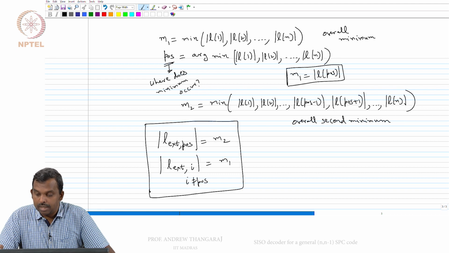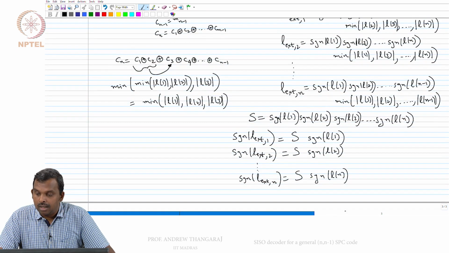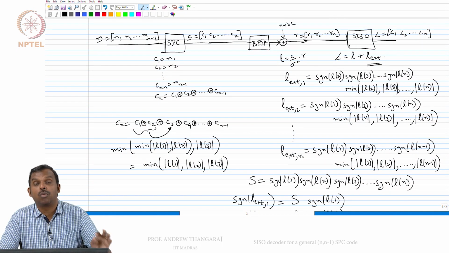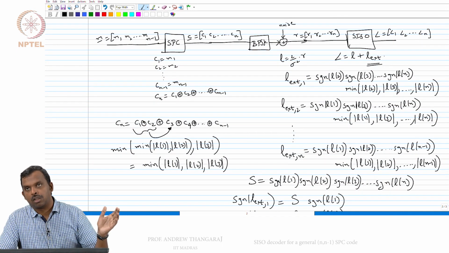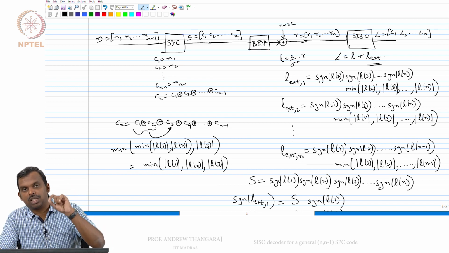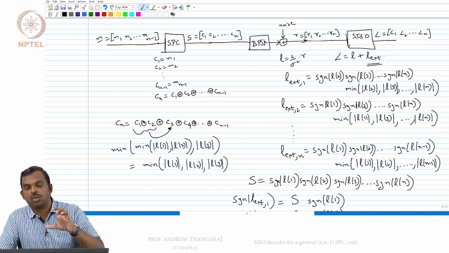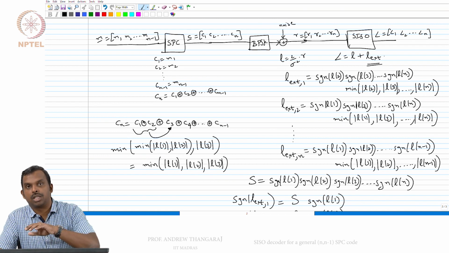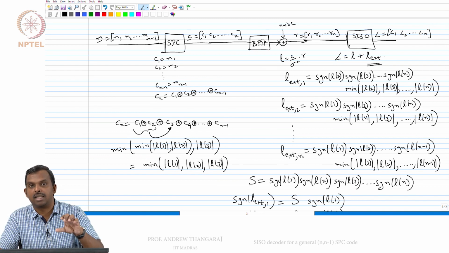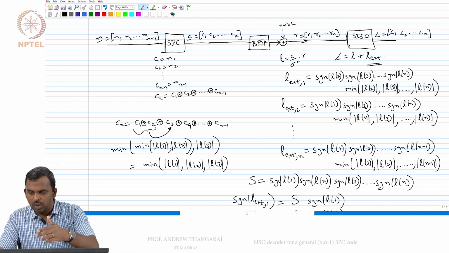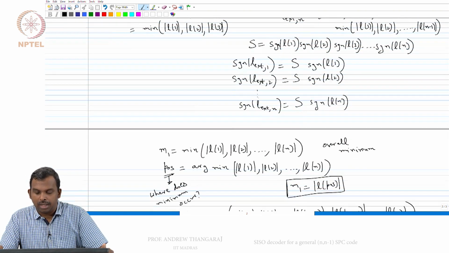Absolute value of Lx is basically the minimum absolute value of all the remaining guys. Now, there is an overall minimum and an overall second minimum. For the position of the overall minimum, the extrinsic absolute value is actually the overall second minimum, and for every other position, the absolute value of the extrinsic LLR is the overall first minimum. That is the idea, and you can think about why this is true, but it will work out.